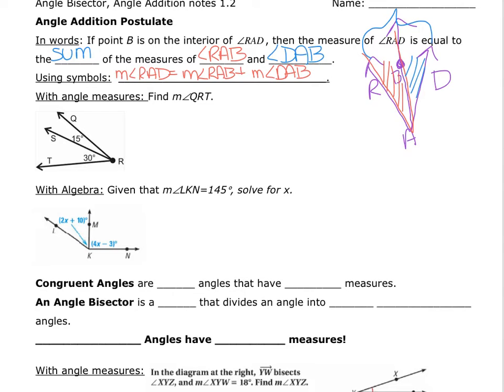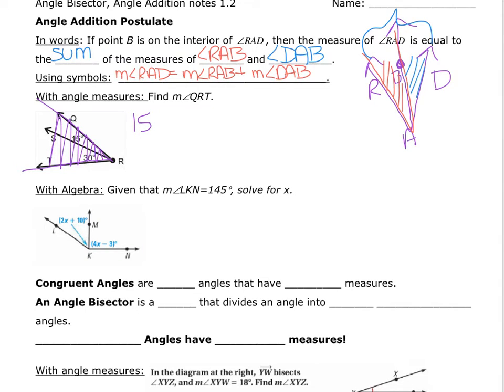So now if we look at it with some numbers, with actual angle measurements, the question says find the measure of QRT. It's always a good idea to figure out what angle they're talking about. So I always like to highlight and go, okay, Q to R to T, they want this whole entire angle. Well, one small angle, QRS, is 15.